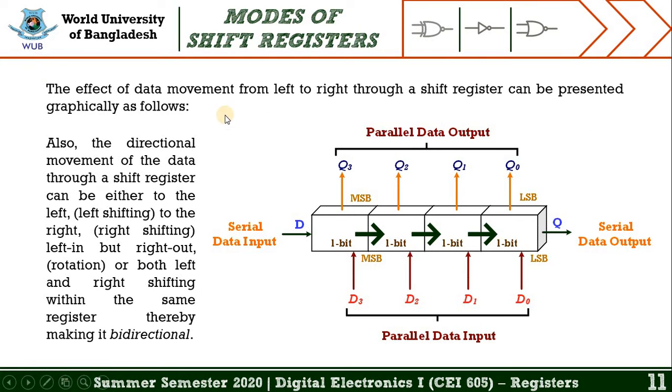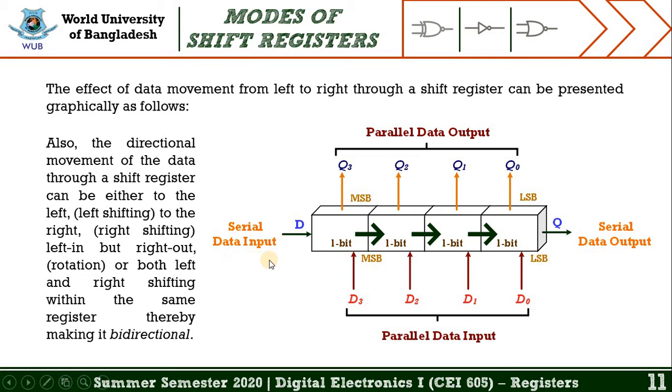The effect of data movement from left to right through a shift register can be presented as follows, which is represented in this slide, and you may find in this figure there are four sides: left side, right side, upper side, as well as lower side.